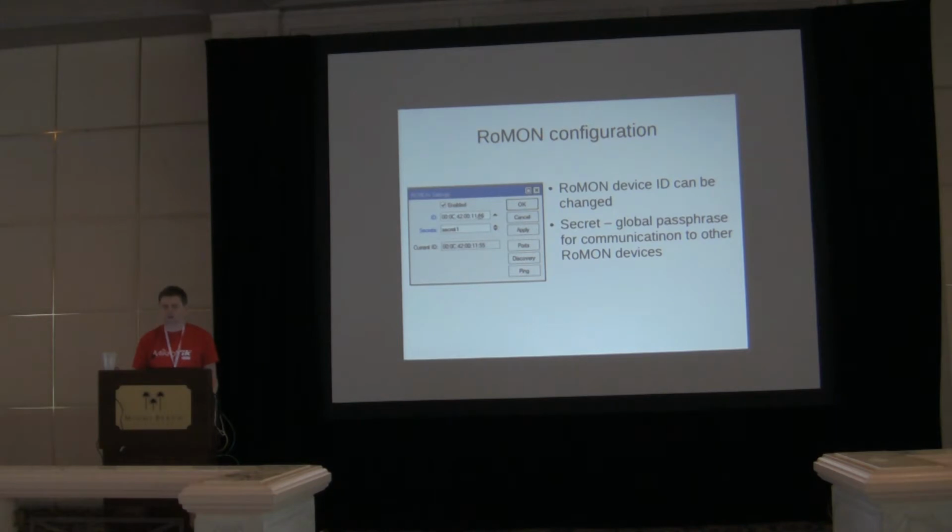Of course, with such a tool you also want some security, so here you can see a secret. It's a global passphrase for communication between RoMON devices. Here it's visible, but there's a checkbox in Winbox to hide the password, so it's not shown as plain text.